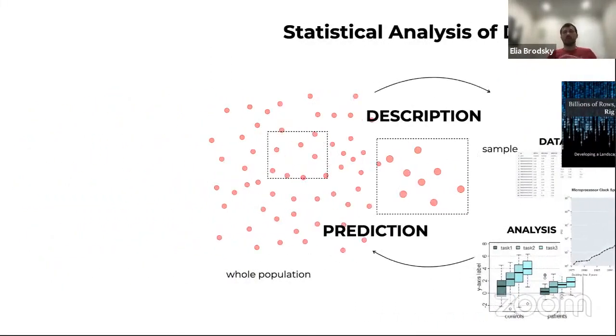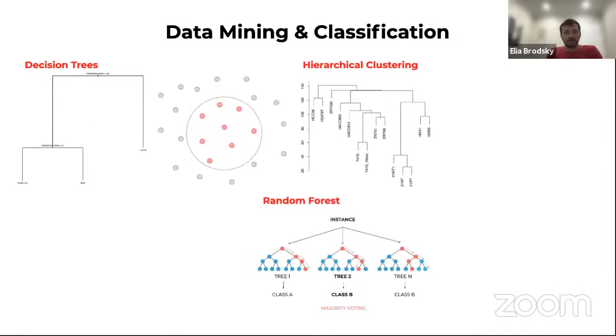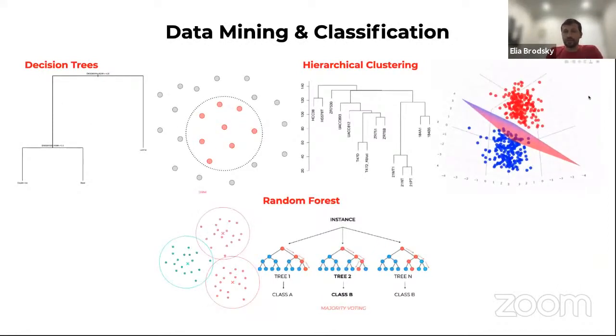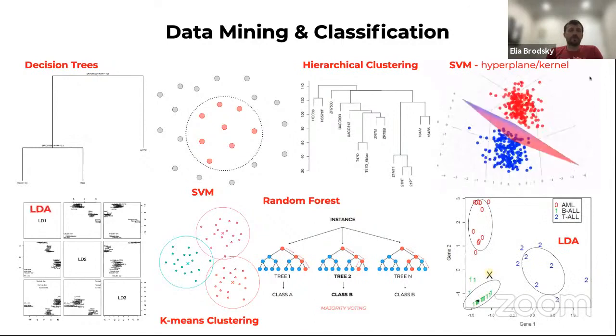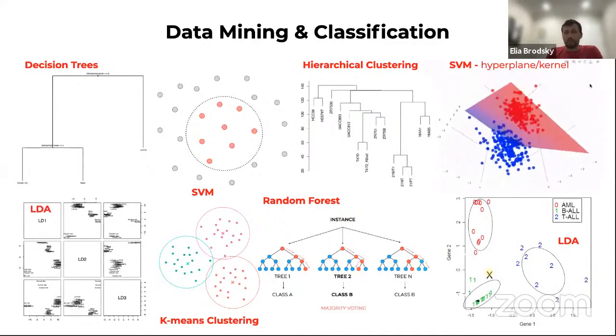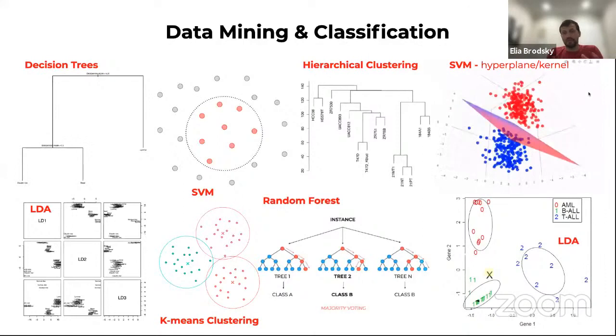And so that is really where we will turn to the topic of data mining and classification, looking at many different types of methods that are typically used for analysis, for classification, and for feature selection. So we will look at different examples of methods like decision trees, support vector machines, hierarchical or k-means clustering, including clustering for big data sets like PAM, fuzzy, and DBSCAN.